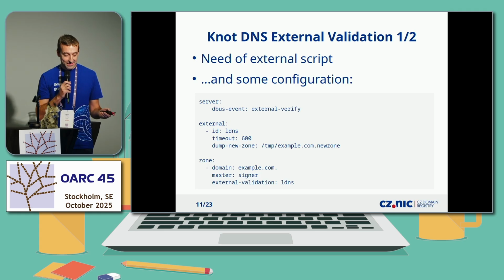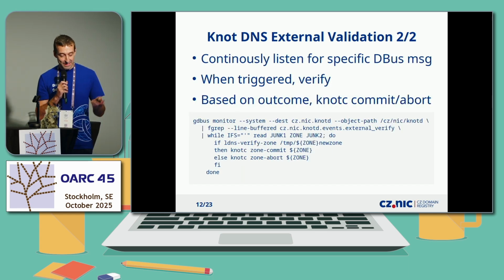On the other hand, the Knot DNS architecture is more complex. Well, the configuration itself is not that complex, as you can see, but Knot DNS expects that the validation script is running all the time, possibly in a different container or as you might wish. And the running server notifies the validating script with a D-Bus message about an expected validation event.